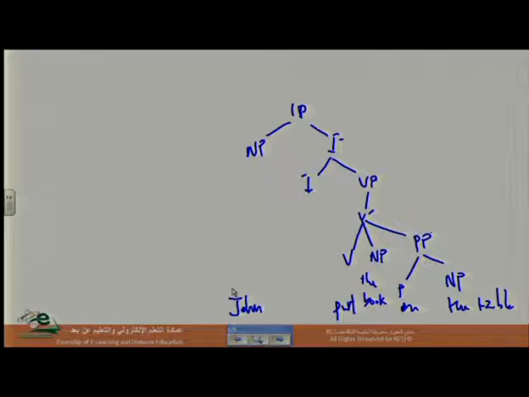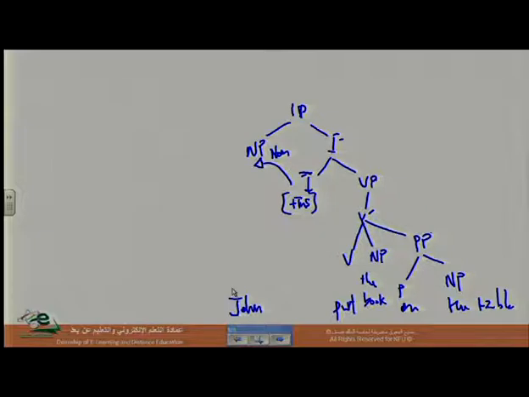Now, in a sentence as simple as this one, the tense element is obviously plus tense, since the verb is in the past. What we have said with respect to case is that I, the plus tense element, is responsible for assigning case to this NP here, and that is nominative case.